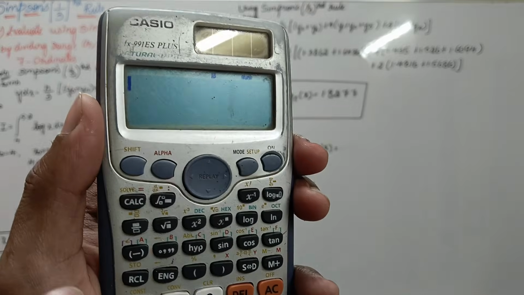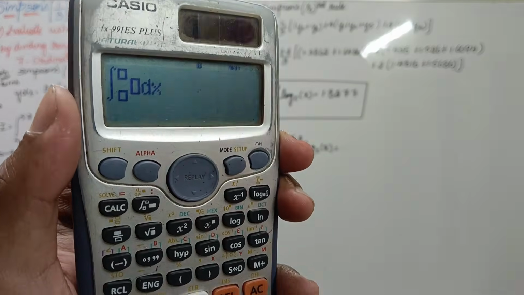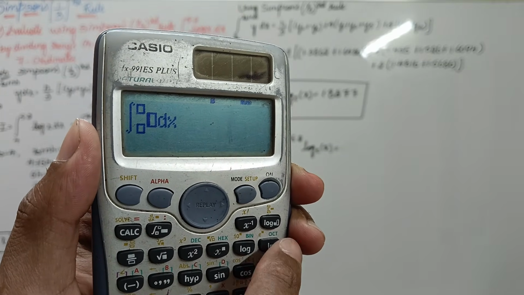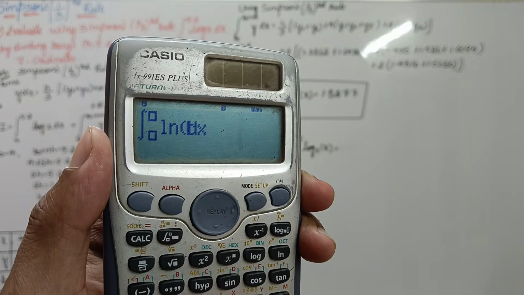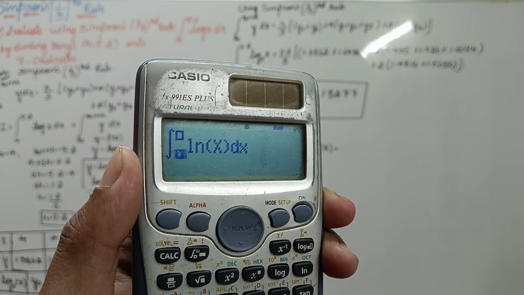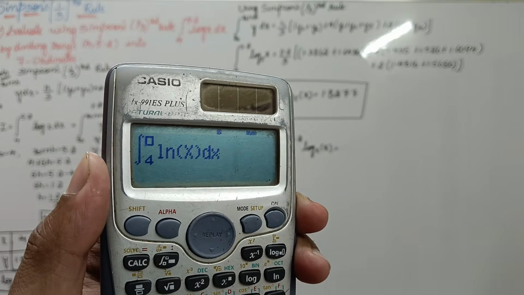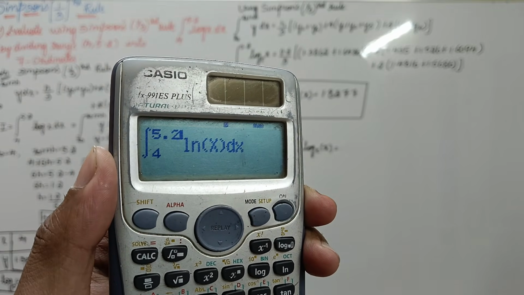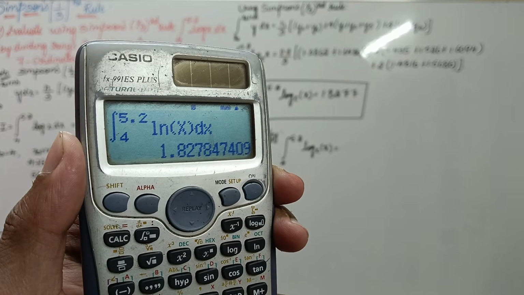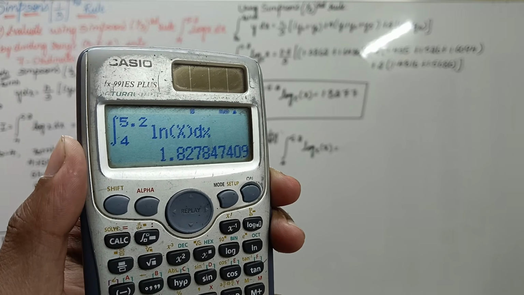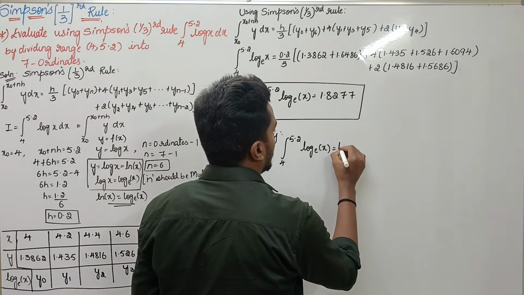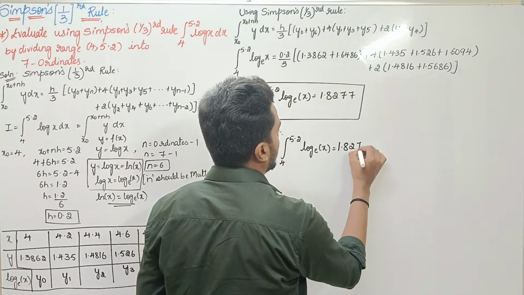First consider the calculator and represent the integral function. You get the integral; enter ln x, close the bracket, press the lower button, you get lower limit 4, press the upper button, you get upper limit 5.2, press equals. It takes a little bit of time. 1.8278.